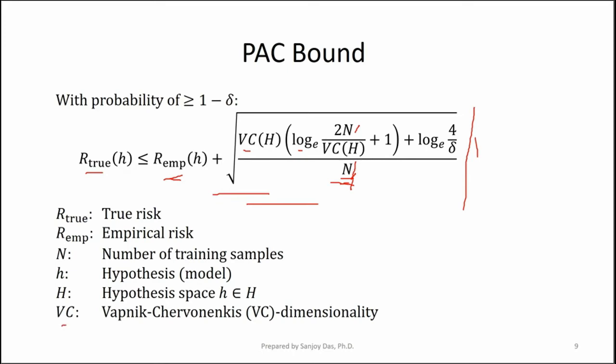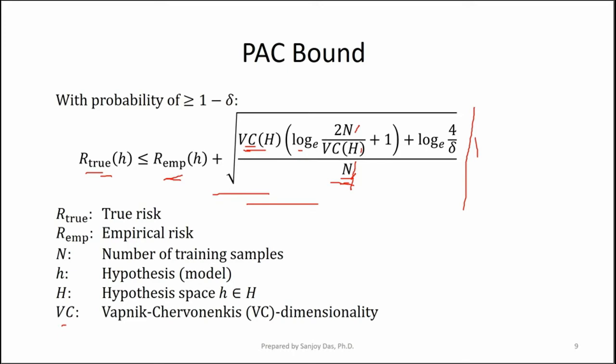Now the VC dimensionality. This is where this term appears, the VC dimensionality of the hypothesis space. But again, this VC of H factor predominates because the other one is within a log. And so when the VC dimensionality of H increases, the true risk looks bigger and bigger than the empirical risk. And so our objective is to keep the VC dimensionality also as low as possible.